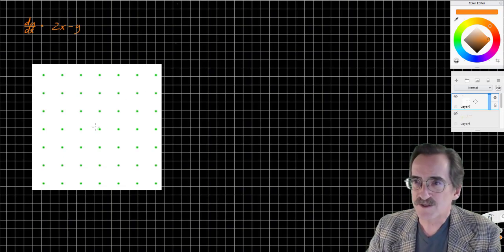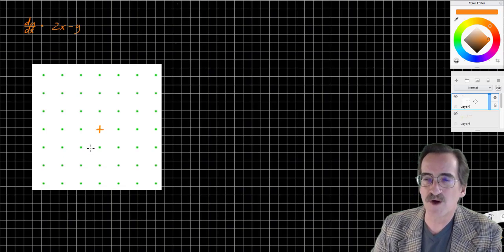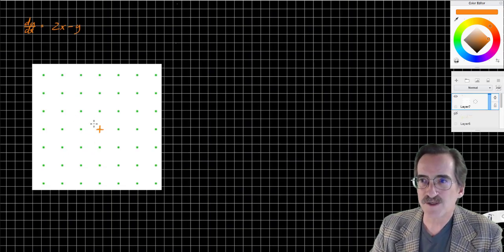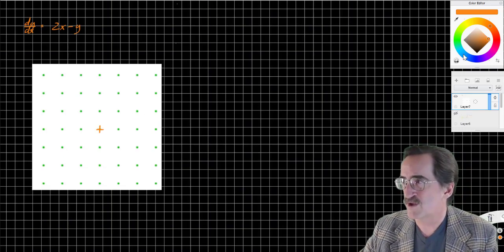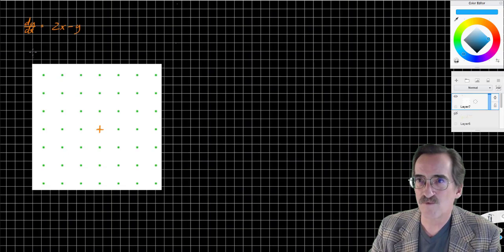A slope field basically says we're going to take a graph, a Cartesian coordinate system, and we're going to apply the x and y values at each of the points on the grid to calculate the slope, being the rate of change of y with respect to x. So here we go.